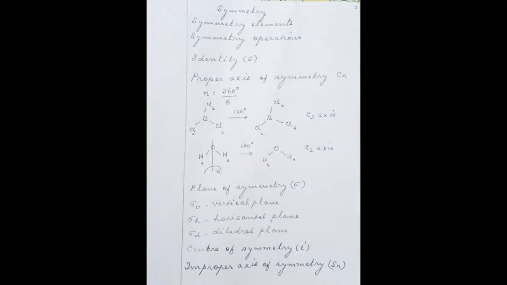B is at the center, one chlorine here, another here, another here. They are separated by 120 degrees because the boron undergoes sp2 hybridization. Sorry, it is sp3 hybridization, but one orbital is completely vacant.